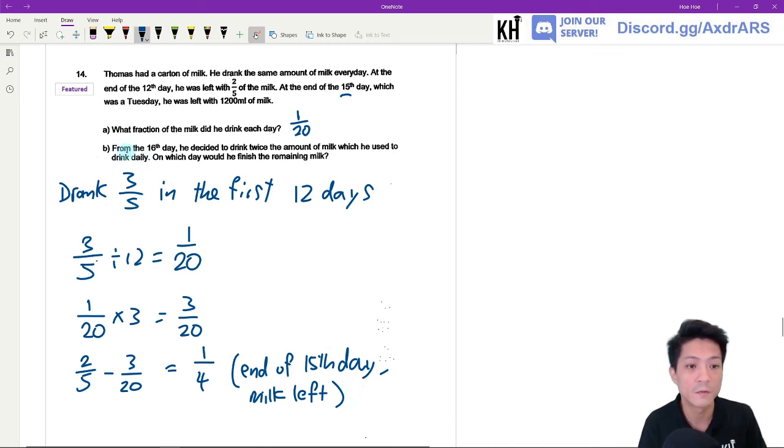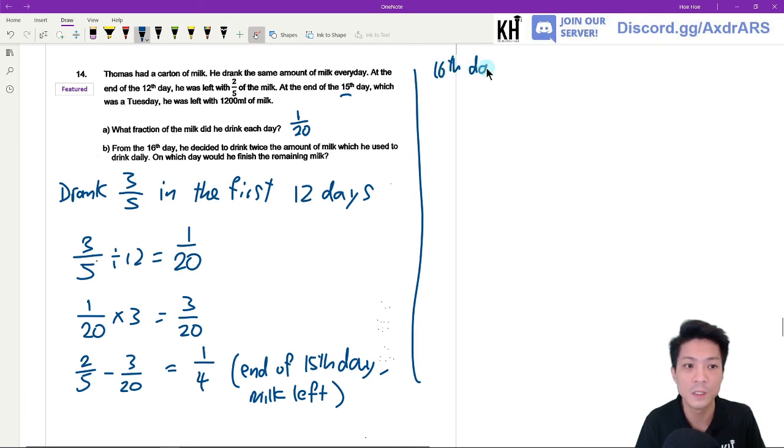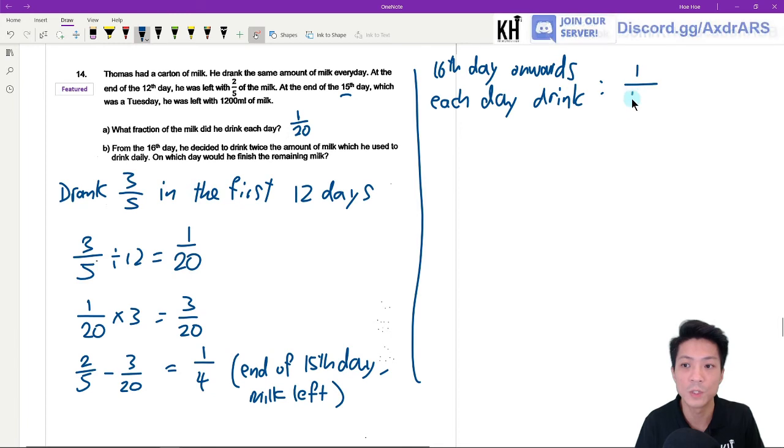Then from the 16th day onwards, he decided to drink twice the amount of milk. 1/20 was what he used to drink, which means that from the 16th day onwards, each day he drinks 2 out of 20, which is 1 out of 10.